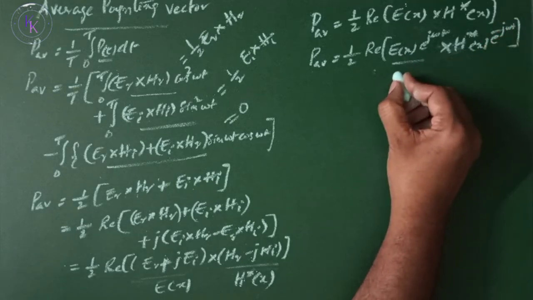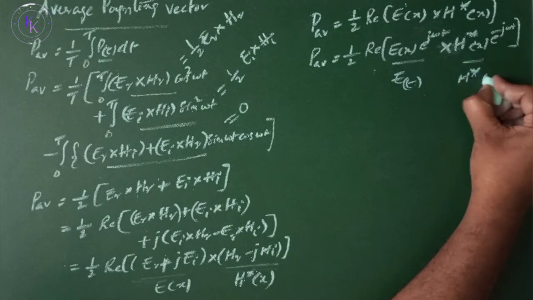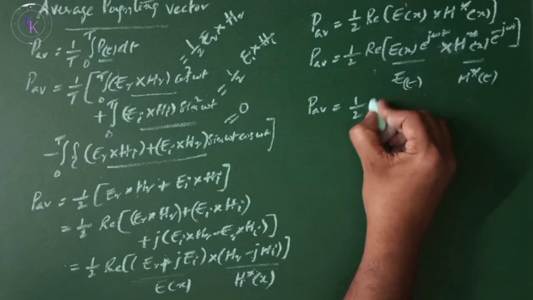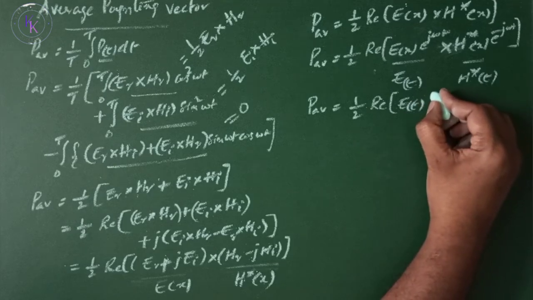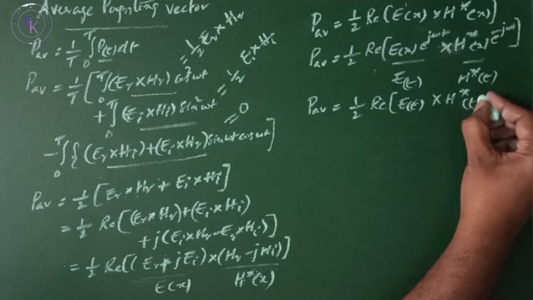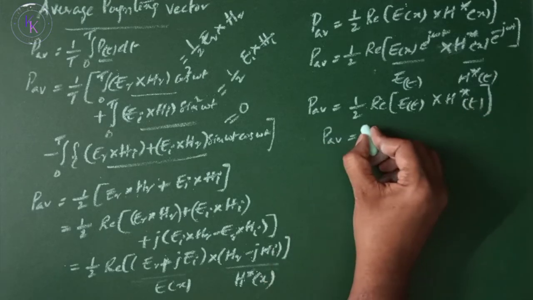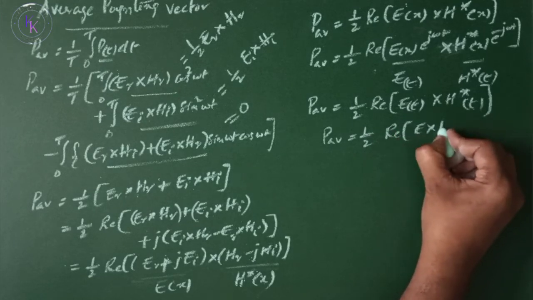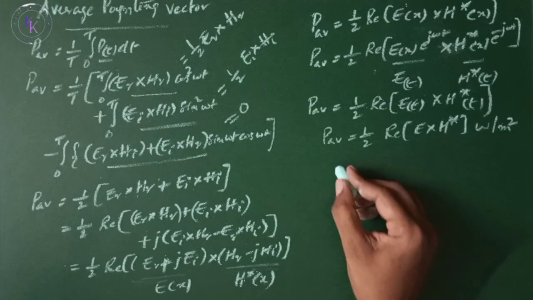This term is nothing but E of t and this term is nothing but H conjugate of t. P average equals half the real part of E of t cross H conjugate of t. Or simply we can write P average equals half the real part of E cross H conjugate, in watts per meter square.